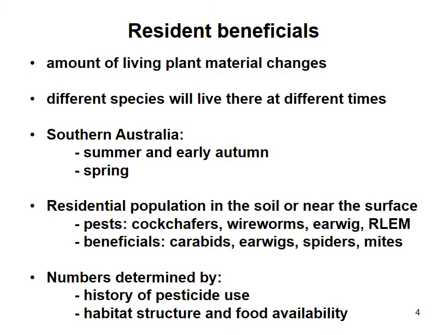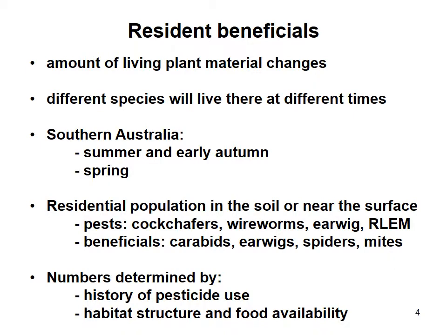The amount of living plant material in a crop or a pasture changes dramatically during a season, from almost bare ground to a dense canopy of plants. So a change from a herbicide-treated paddock about to be planted with wheat, canola or beans, for example, in autumn, to the crop just before harvest in spring is massive, and this is reflected in the number of invertebrates, both pests and beneficials, that can exploit this same habitat.